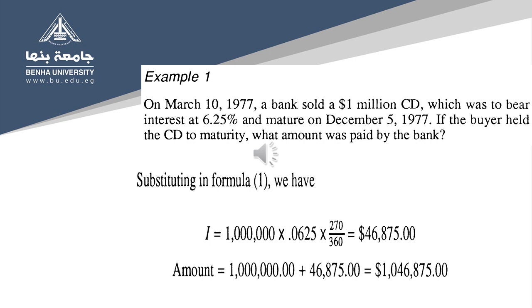Okay, substituting in Formula 1, we have interest, denoted by I, equal B multiplied by R multiplied by T. You must notice that this problem is related to certificate of deposit, but you are required to find the amount of simple interest.